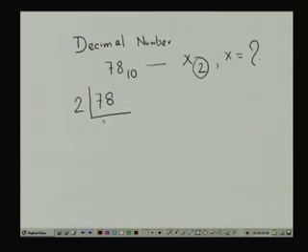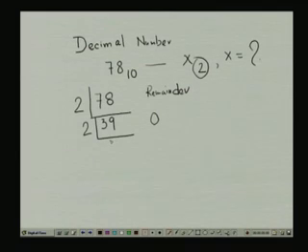What will be the value? This is 39, my remainder is 0. I am keeping the remainder. Now this is my quotient, and again I am dividing by 2. So this is 19, again my remainder is 1.